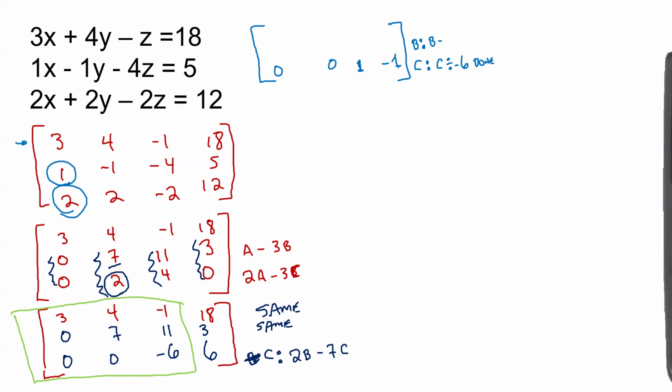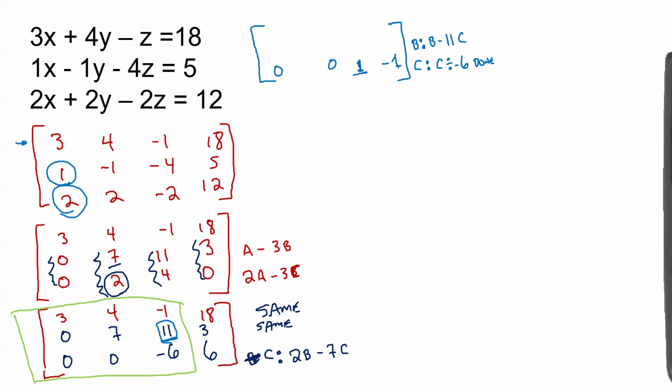I'm trying to kill off this 11. This guy is my new target. And I want to get a 0 there so that I've got 1s on the diagonal. So to go from this 1 to the 11, I need a factor of 11. I'm going to take the old number 11 and subtract 11 times whatever's on the third row.